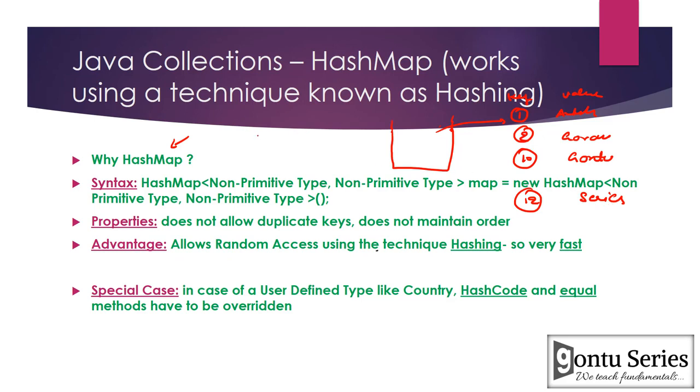So the idea is, once you have stored these key value pairs in it, at any given point of time, you can request this Java collection to retrieve what value is stored against a specific key. What it means is, you will make a call to its get method, hashMap.get, and you specify here the key. Say for example you want to retrieve what is stored at key 10, then it's going to get you the object Gautam. If you write here 12, then it's going to get you the object which is stored against key 12.